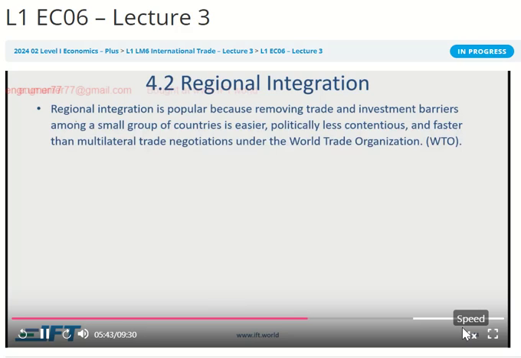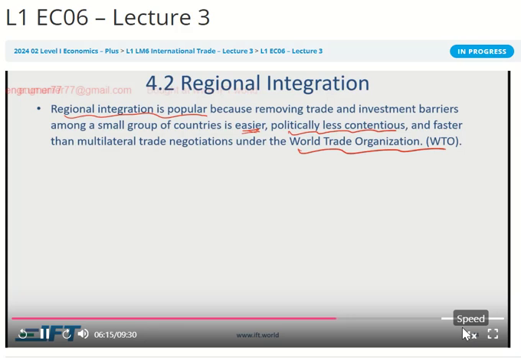So, why is this more popular at a regional level than at a whole international level? Because a smaller group of countries is easily able to come together, and they find it politically less contentious and faster to develop these regional blocks, compared to what the World Trade Organization has been trying to do, which is open up the whole world for international trade, trying to bring together China and the US.